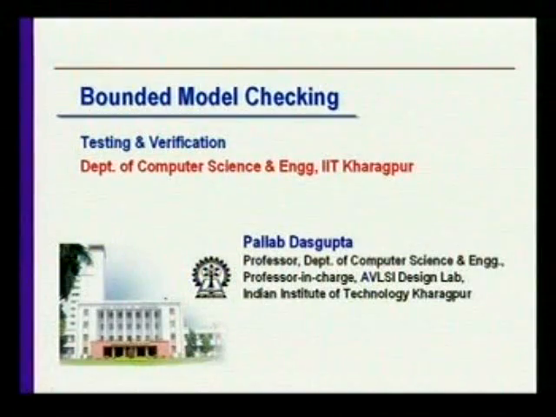If that does not work, in other words, if you are not able to construct the transition relation, then there are several alternative approaches, among which the most promising one that has been used in practice is called bounded model checking.